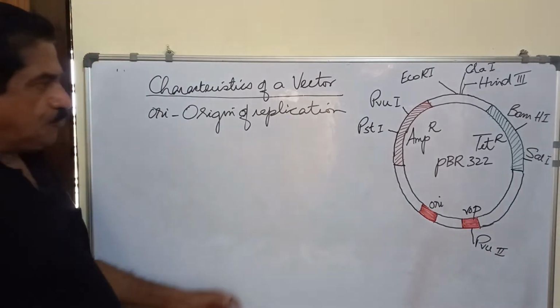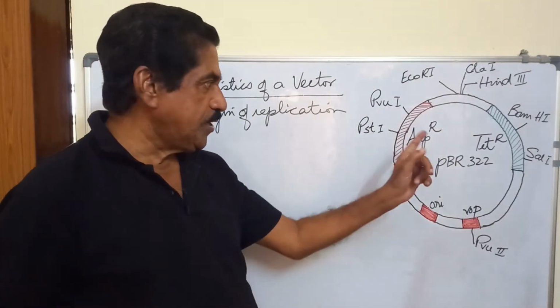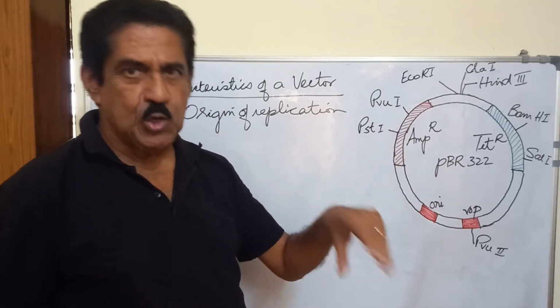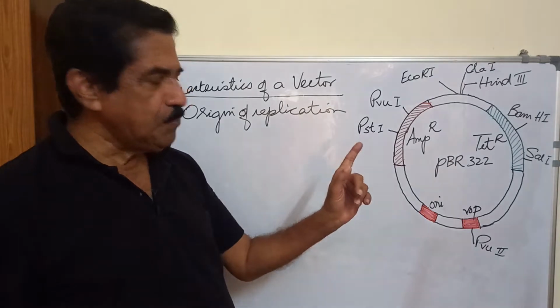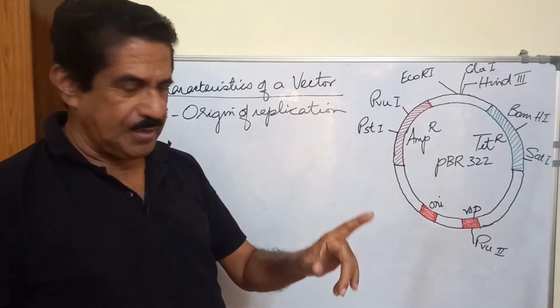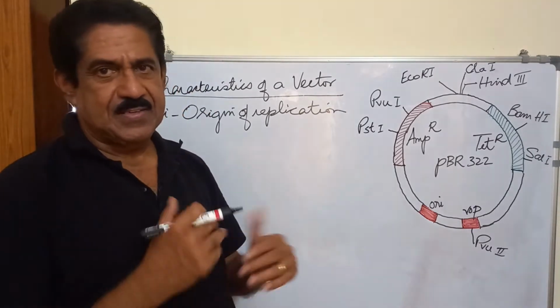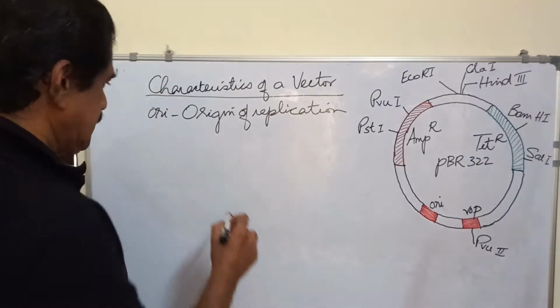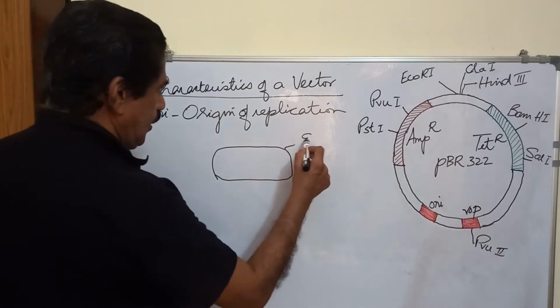Now, what happens in ORI is when you introduce pBR322 into the bacteria E. coli, the DNA polymerase of E. coli binds to ORI and replicates the plasmid. Let us say, imagine this is E. coli.